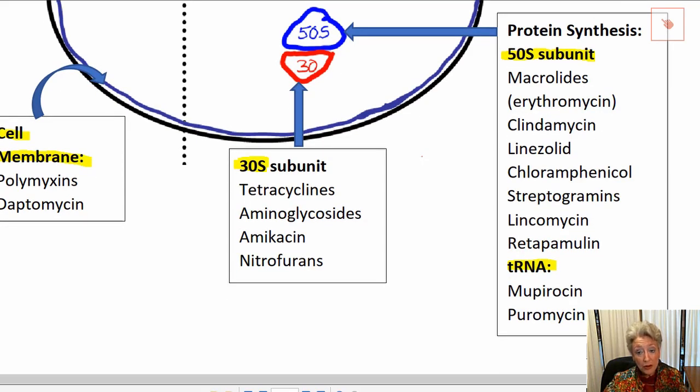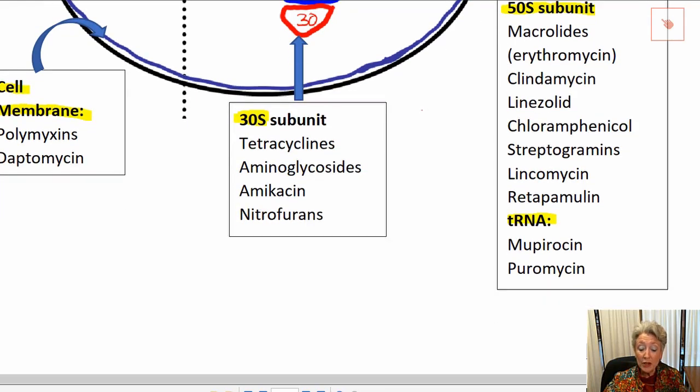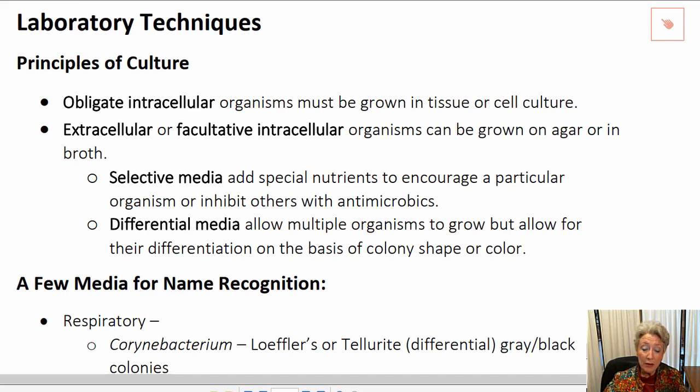The major question on the Step 1 USMLE as pertains to pharmacology in the antibiotics is going to be the mechanism of action. So make certain that you're familiar with what portion of the life cycle is going to be inhibited by a given drug. Now, a couple of things about laboratory technique in very broad strokes, because you're not training to be laboratory technologists.